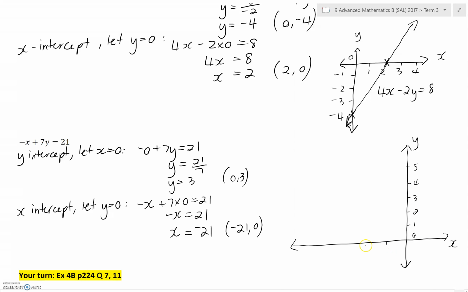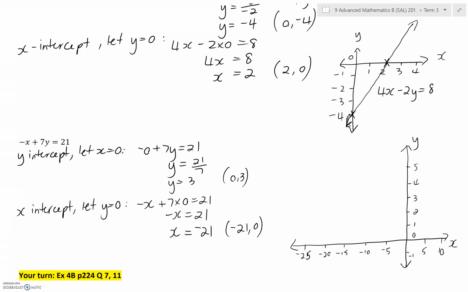Now I'm going to go in the negative x direction in 5s, because otherwise I'm going to have a really big graph, which is also okay, but you've got to see the paper that you're working with. So, oops, that should be 25, of course. As long as I keep going with 5s and 10s this way, and keep going down this way into negative 1s, it's perfectly fine that I've got a different scale on both axes.